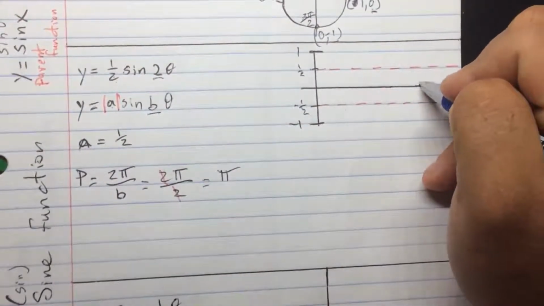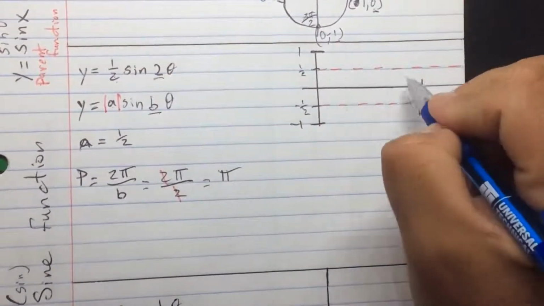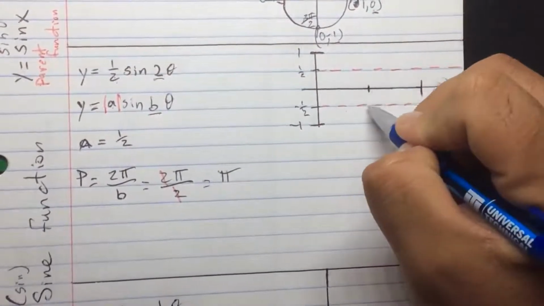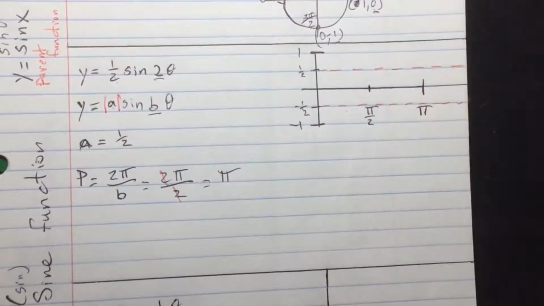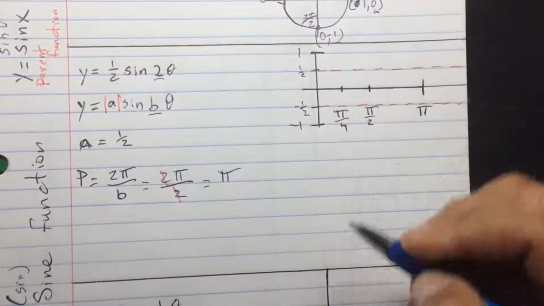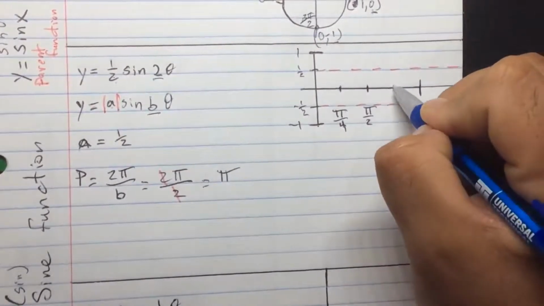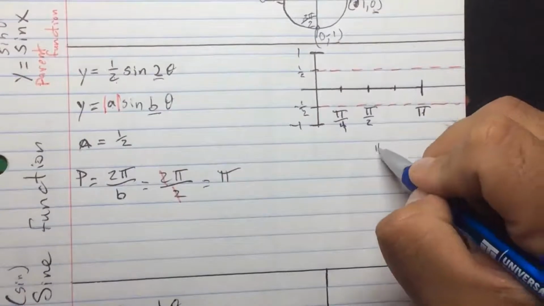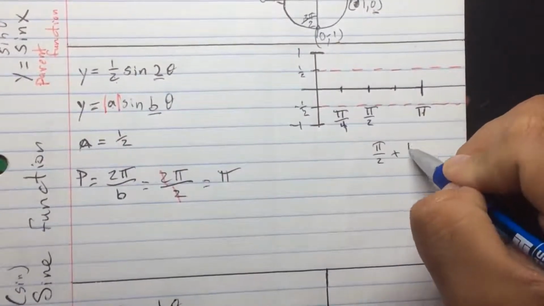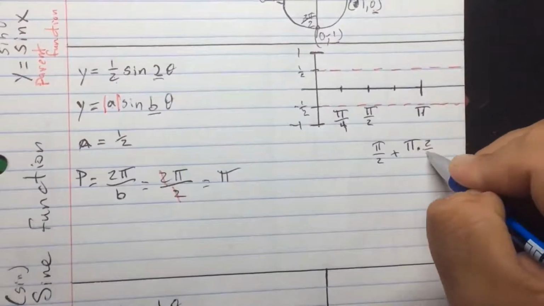So this is going to be a distance right here of pi. And then once again, we're going to cut this in half and get pi over 2. And then we're going to cut pi over 2 in half and get pi over 4. And then we're going to cut between this one and this one. If we get pi over 2 plus pi, in order to do this, we have to multiply pi by 2 over 2.